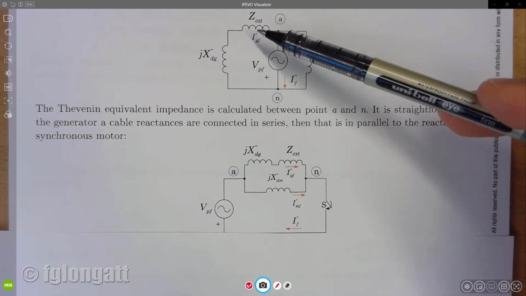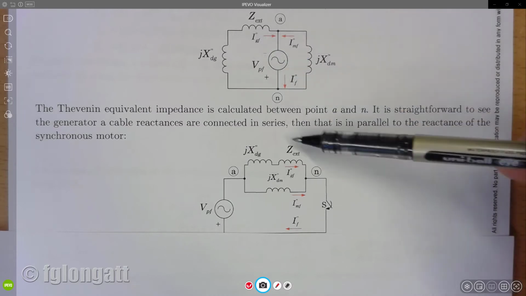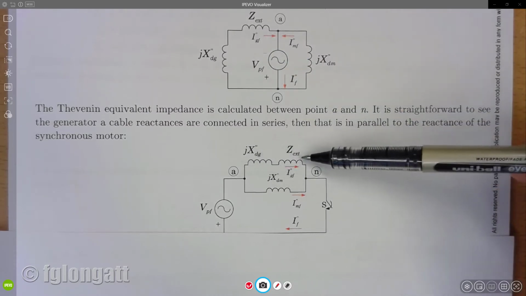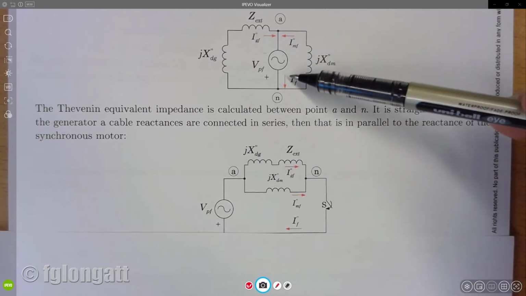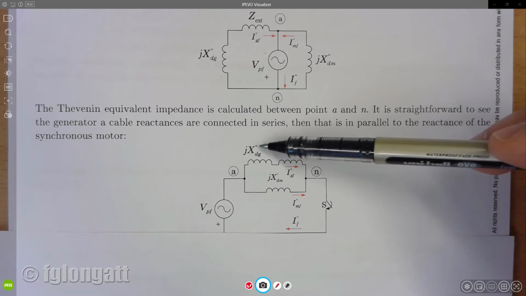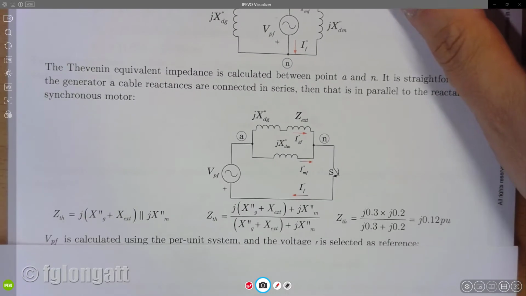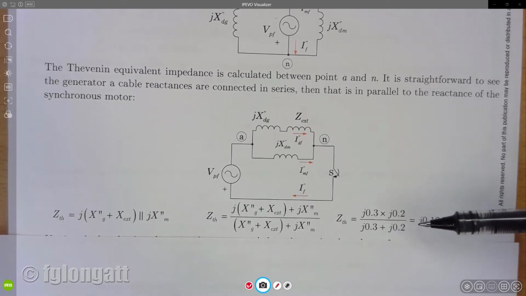This is the external reactance coming from the cable, underground cable. Both of them are in series connection. And we have here the sub-transient reactance coming from the motor, and that is in parallel to this branch over here. The circuit is extremely simple for Thevenin calculations.